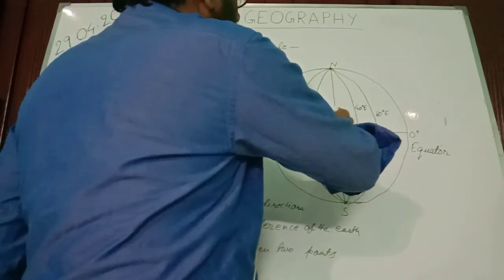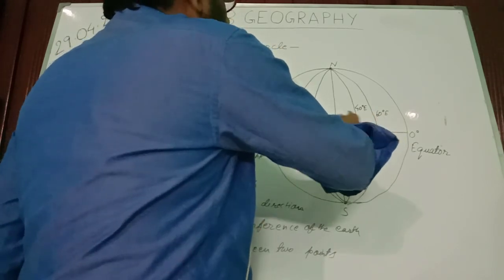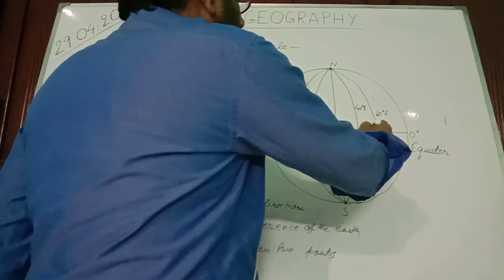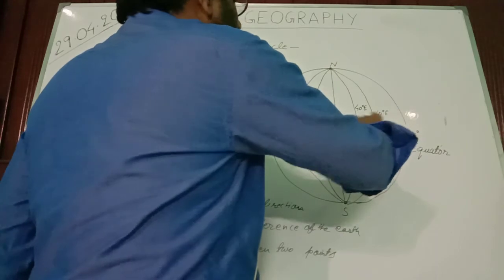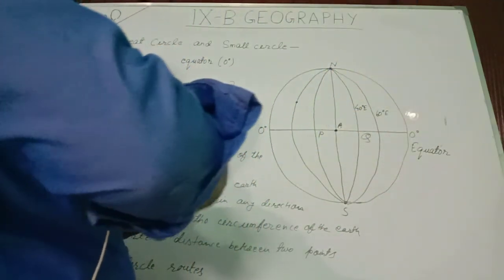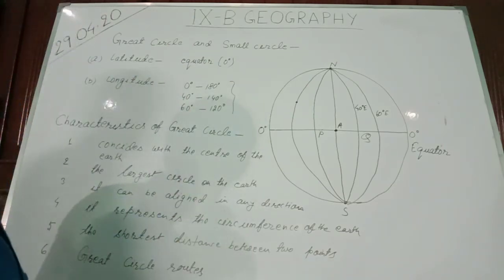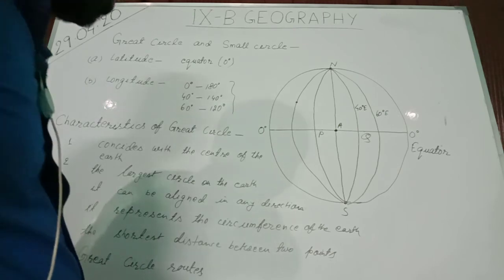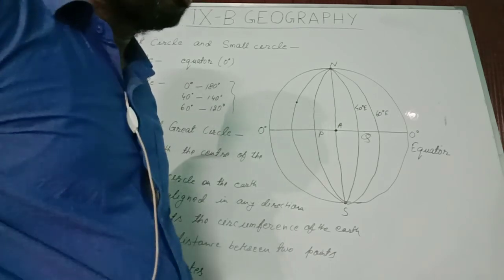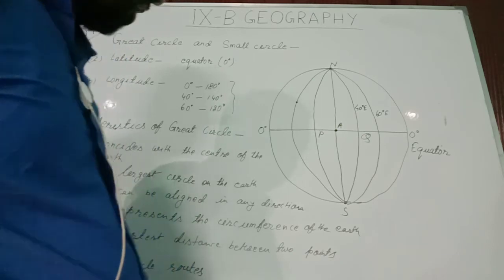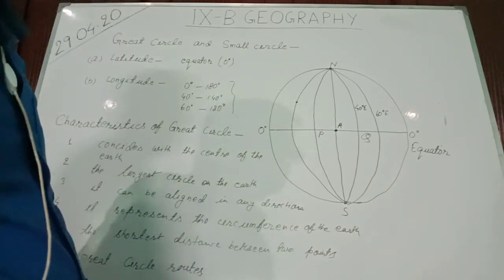To reach from this point P to Q, going through the great circle is the shortest distance between 2 points. And the last, this type of route that makes the shortest route between these 2 points is called great circle routes.